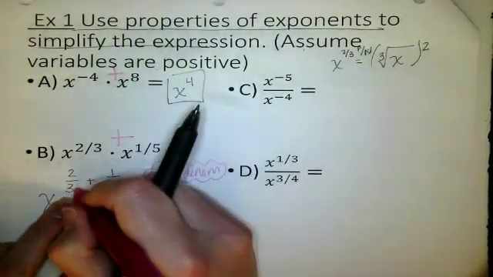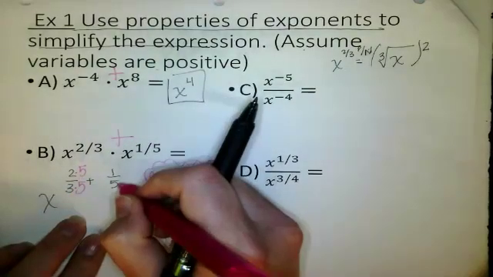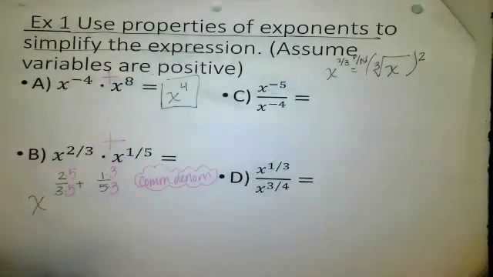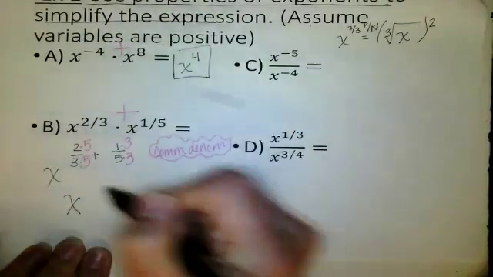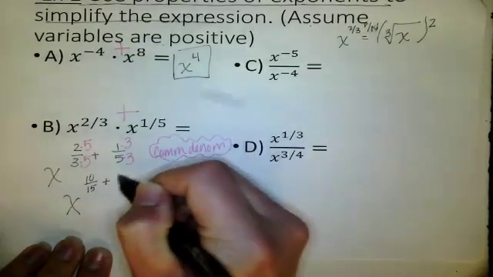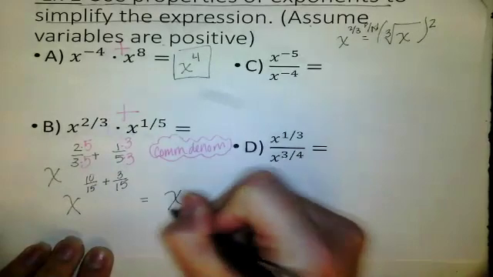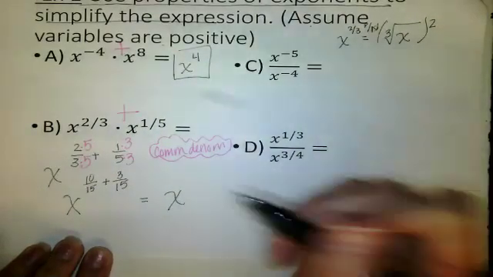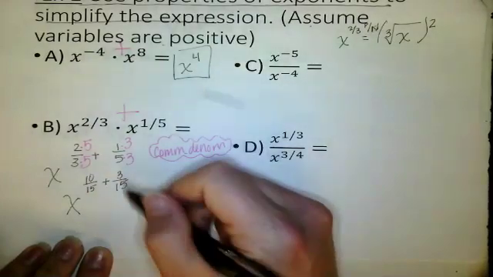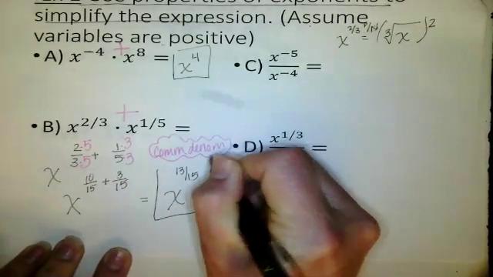So we are going to multiply the first fraction by 5 on top and bottom, and the second fraction by 3 on top and bottom. So that gives me x to the 5 times 2 is 10/15 plus 3/15, which is x to what power? 10/15 plus 3/15 is 13/15. There you go, and that's a great answer.